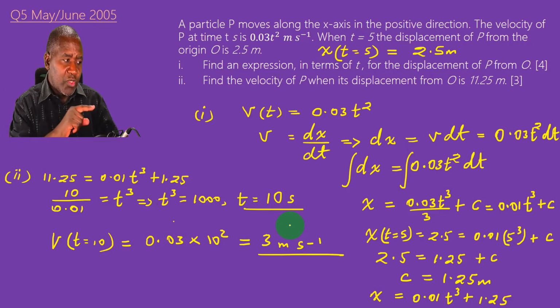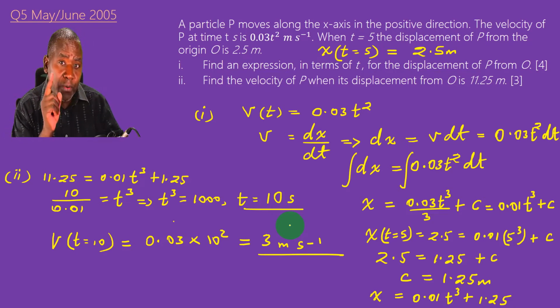For example, the problem would have been very easy if they had asked me, find the velocity of p when time is 10 seconds. But now they had to give me, find the velocity of p when its displacement is that much, while they know fully well I can't get that velocity without knowing the time. So I've got to analyze that question.